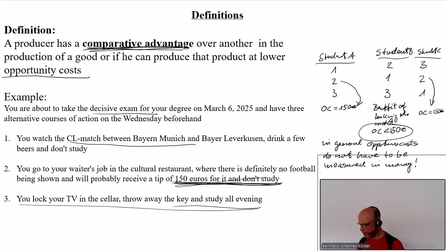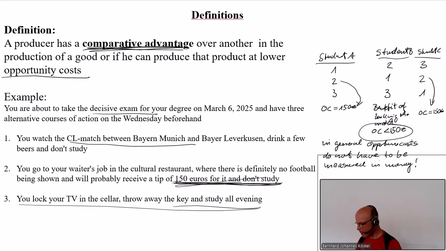So right now you are sitting in front of your laptop or PC and listening to this lecture, and maybe your opportunity cost is not sitting outside in a cafe or somewhere else.